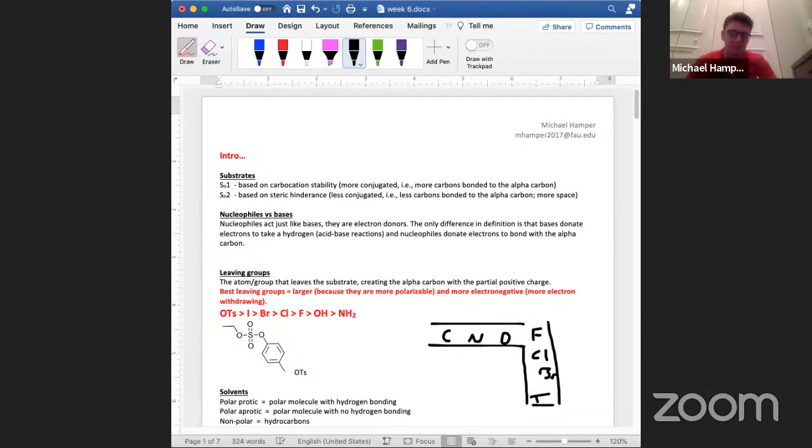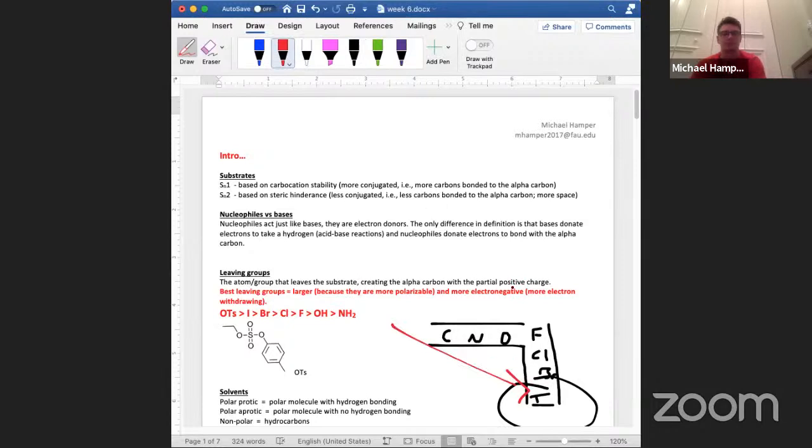Despite fluorine being more electronegative, size wins. This is not asking you acidity. We know about acidity. This is asking just the relative speed at which something leaves the substrate. So the general trend would be like that.